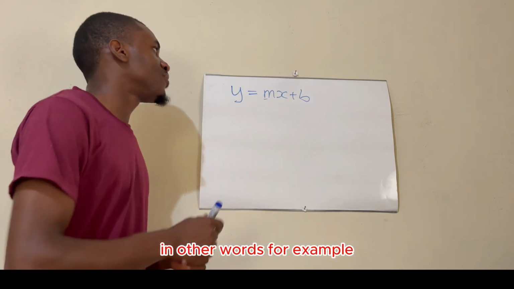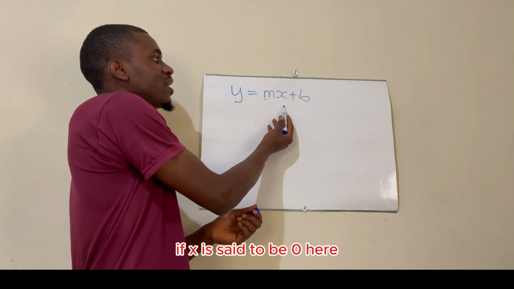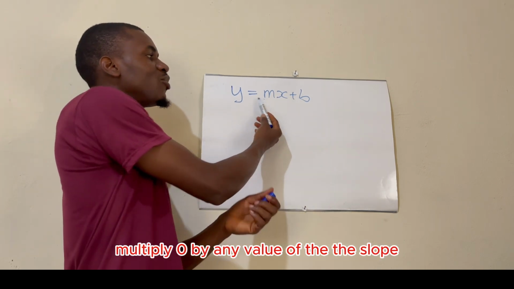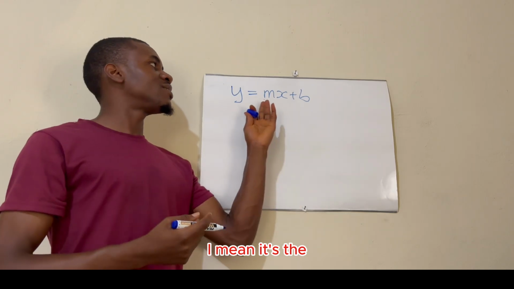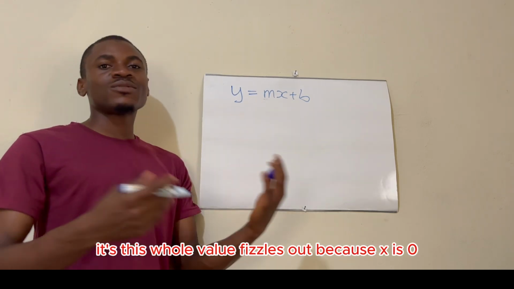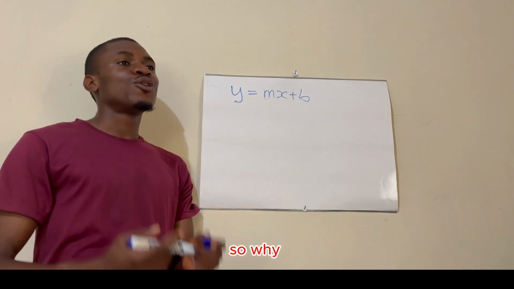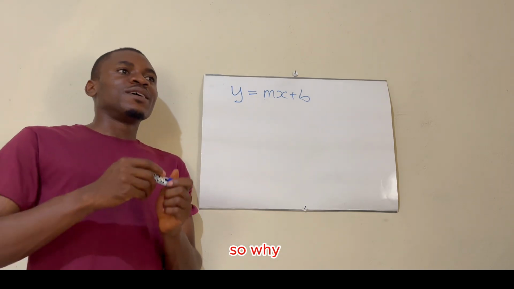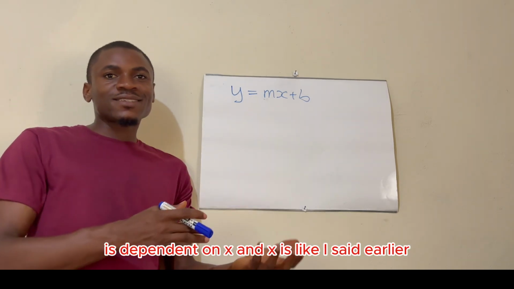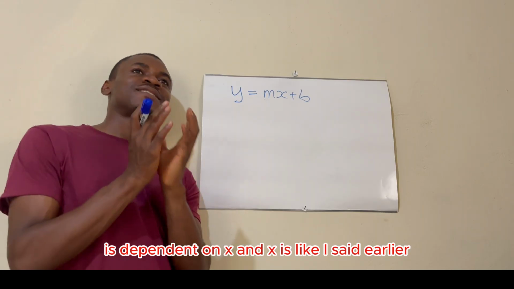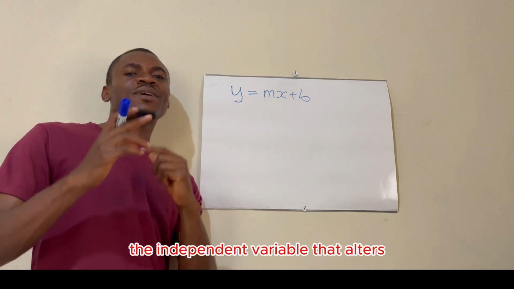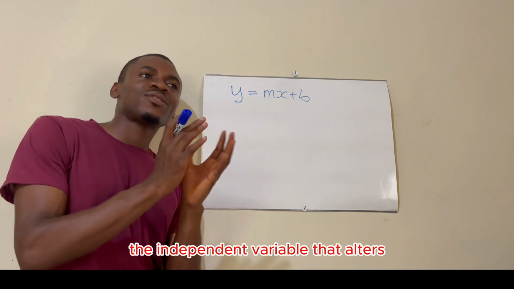In other words, if x is 0 here, multiply 0 by any value of the slope, and this whole value fizzles out because x is 0. So y is dependent on x, and x is, like I said earlier, the independent variable that alters y, referred to as the input.